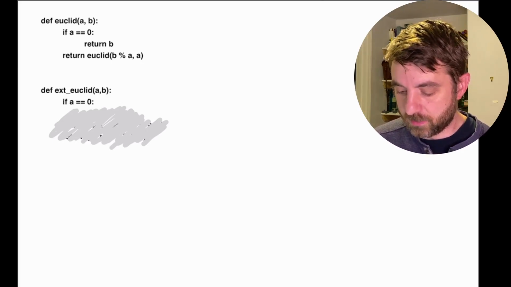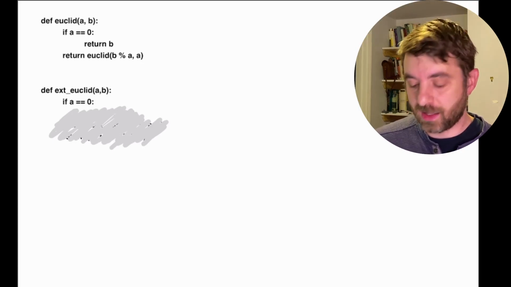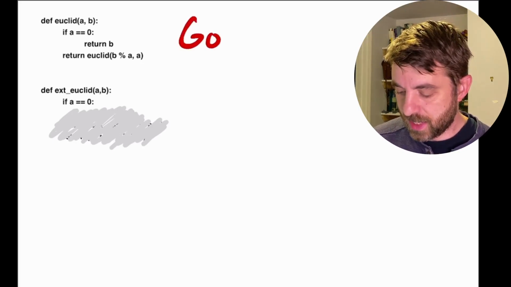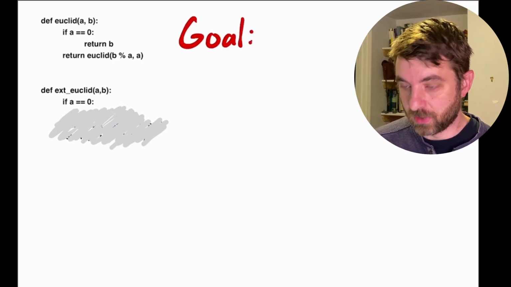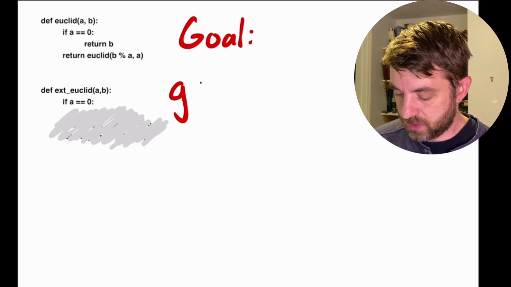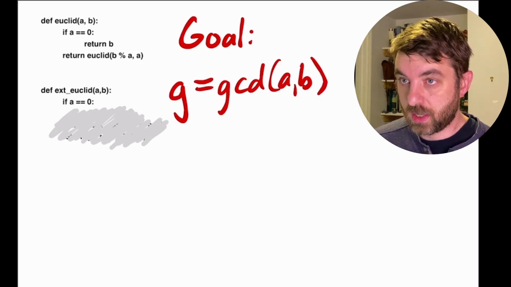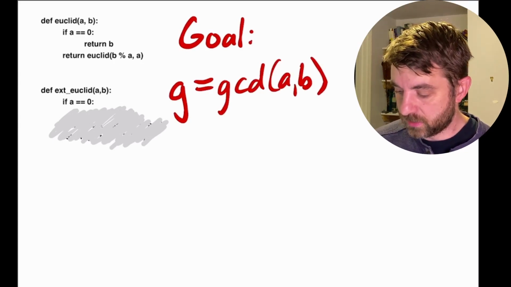Okay, so that's the regular Euclidean algorithm. Our goal with the extended algorithm is to not just return this number g, which is the GCD of a and b, but we also want two other numbers, right?